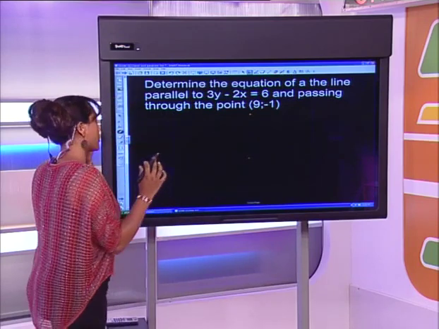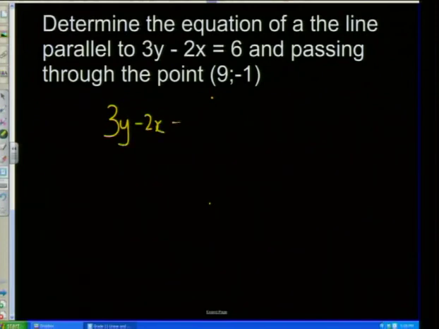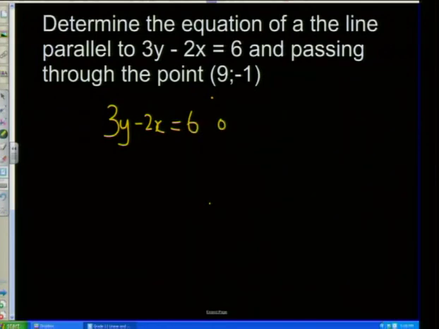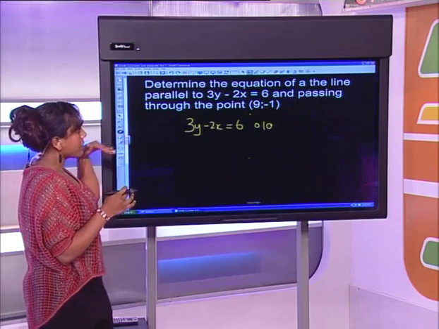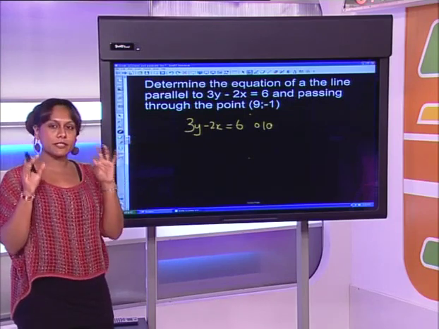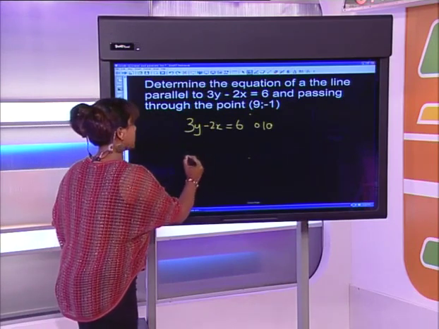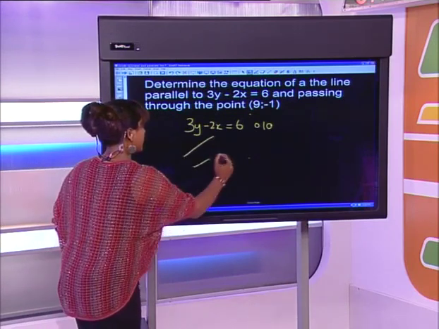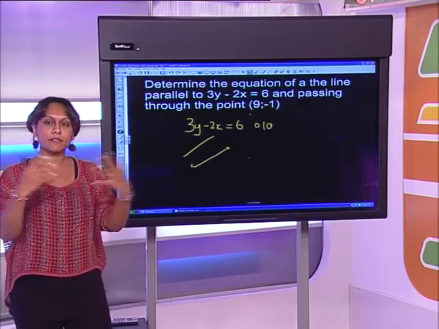3y minus 2x is equal to 6. That we'll call the old equation. All right, and we have another line that's parallel to this line, but it passes through a different point. Now that's important. The lines are parallel, so if we draw it, what that means is that they have equal gradients, but they don't have the same points.